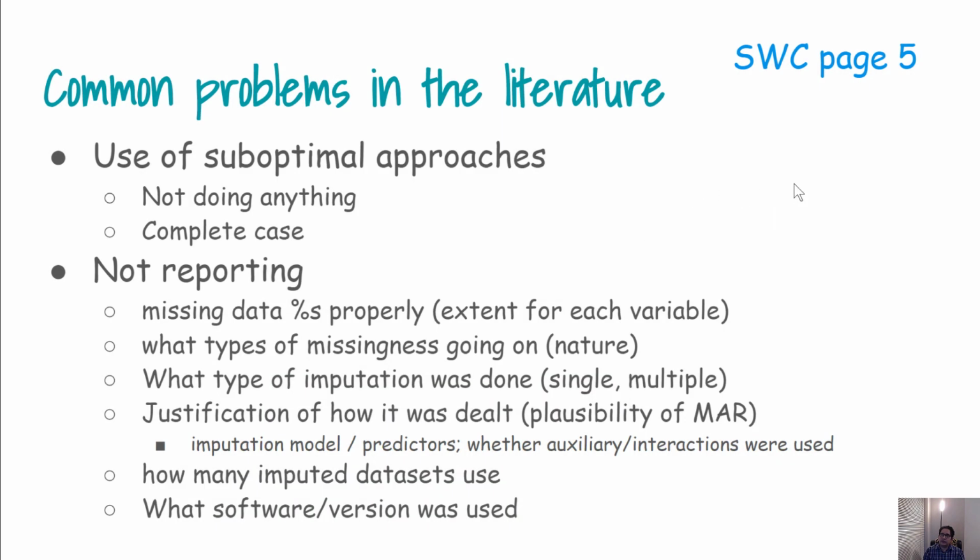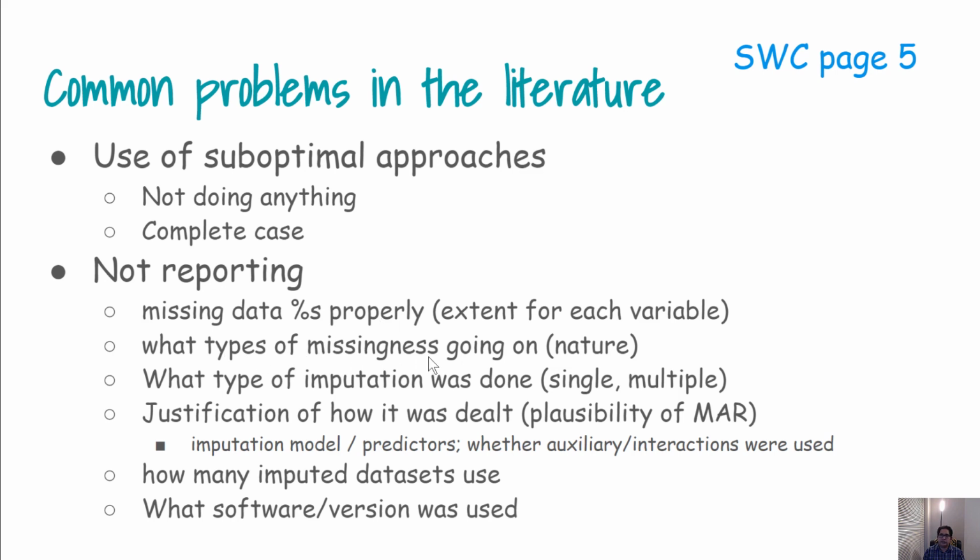All right, so the paper that I showed at the beginning of the slide discusses some of the common problems in the literature, and some of these we have already discussed: some of the approaches people use are suboptimal. Sometimes they do not even report the missing percentages properly.